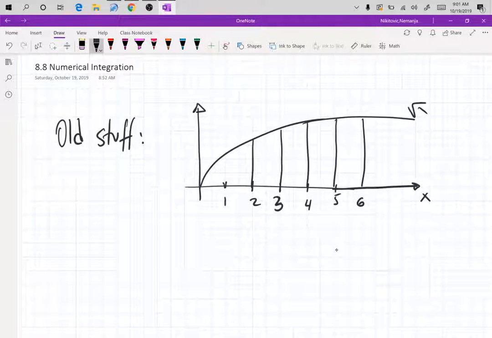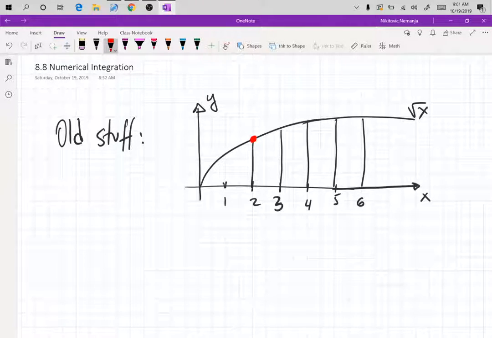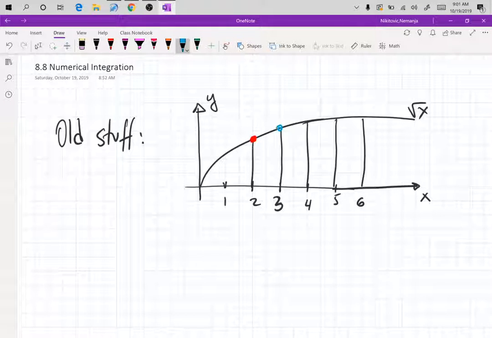And you have square root of x as a function. And what you did is you used either the left hand sums or the right hand sums. It says we're going to create a rectangle using the left point or the right point. So which one do you want? Because they are the same in some sense.